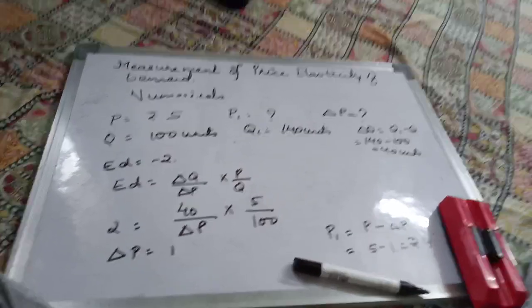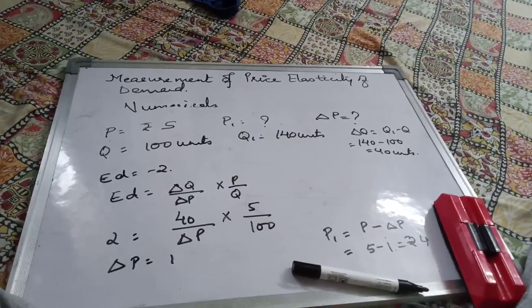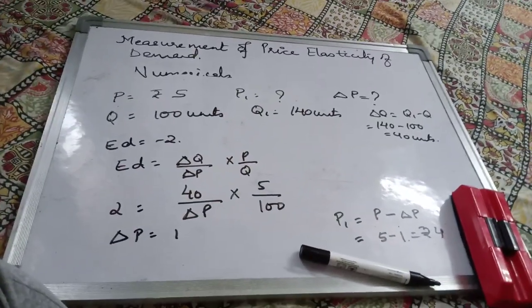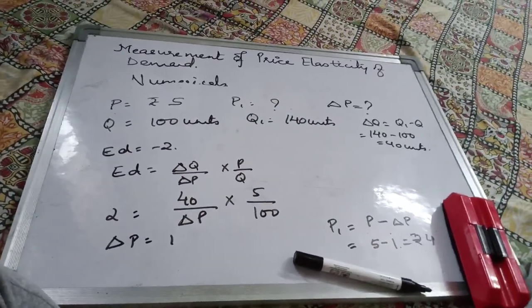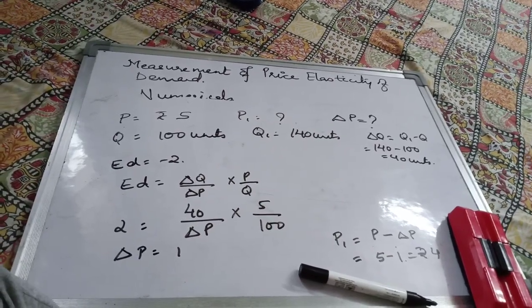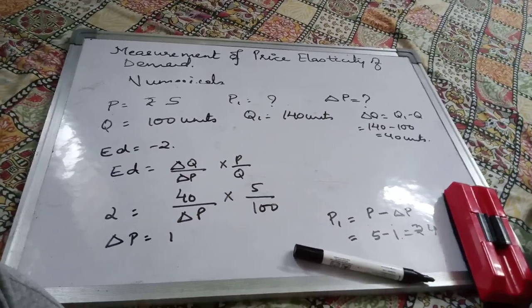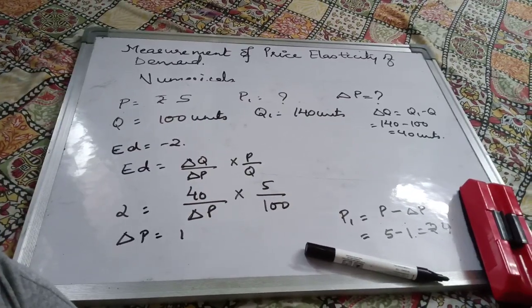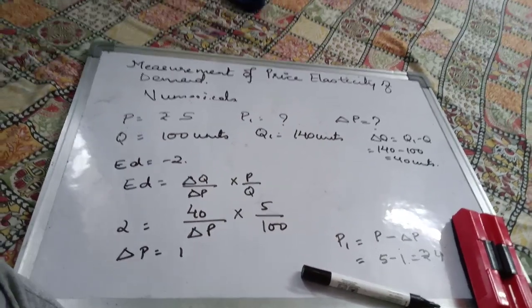Write this question and do it on your own. A consumer buys 10 kgs at rupees 5 per kg.